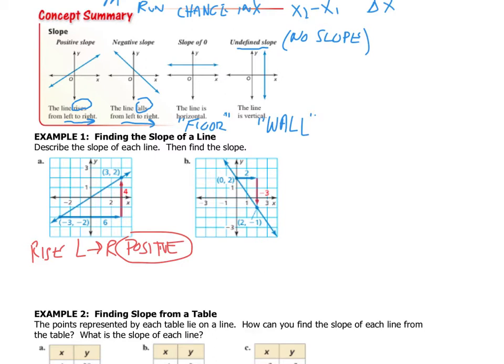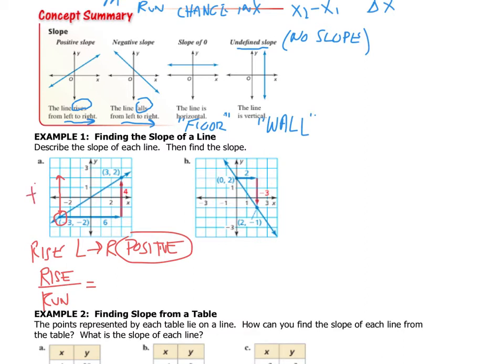Now, what kind of a slope is this? Well, if I look at my graph, I would focus on the rise first and then the run. So I'm going to use this formula. I'm going to start at this point right here. My rise is, from this point, I'm going to go up 1, 2, 3, 4 to get to the same height as that other point, 3, 2.